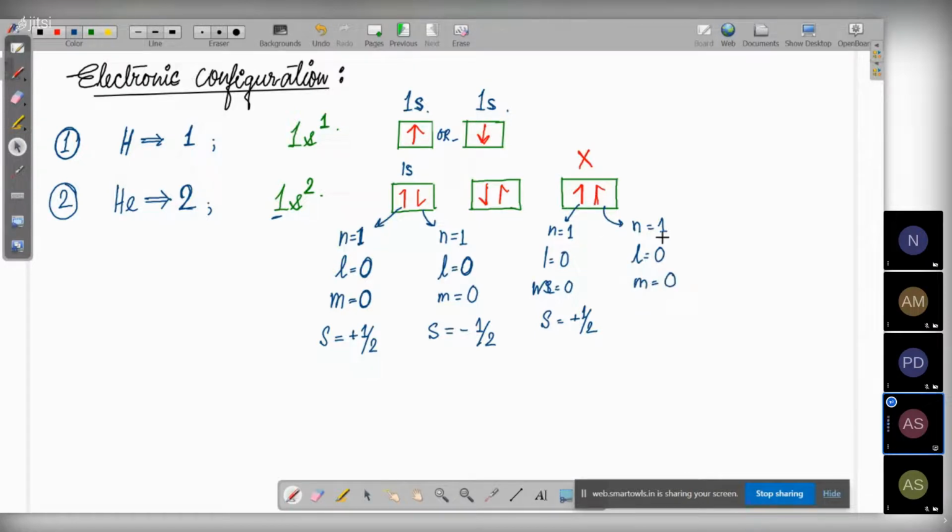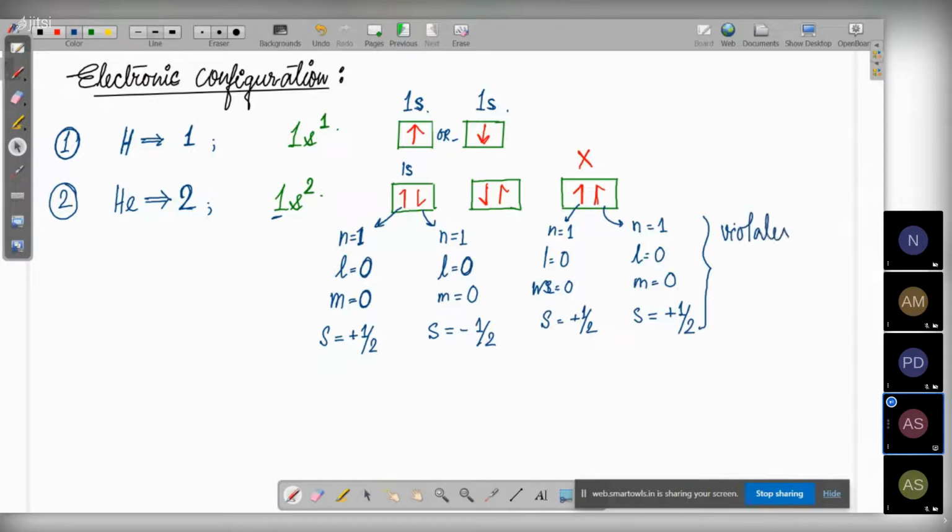And since this one is also upward, that means this will also have the same value of spin. So that means if we do this box diagram, then it actually indicates that all the 4 quantum numbers in an atom are similar, which is not possible as it violates the Pauli's exclusion principle. That is why this type of box diagram is not possible.